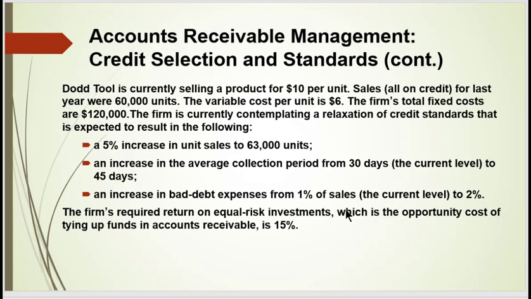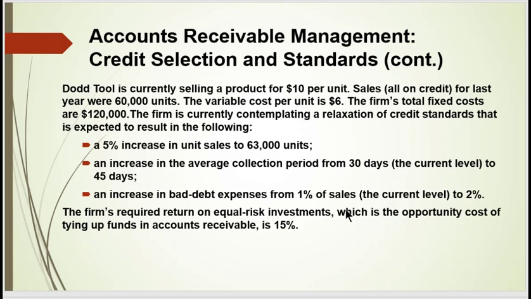So here we have an example. They're currently selling a product for $10. Last year they had 60,000 units. The variable cost per unit is $6. The firm's total fixed costs are $120,000, and they're contemplating relaxing their credit standards. If they relax their standards, they expect to get a 5% increase in sales, 3,000 more units.